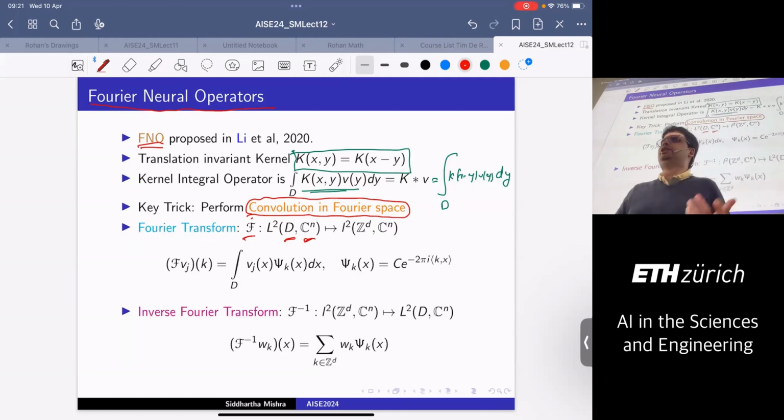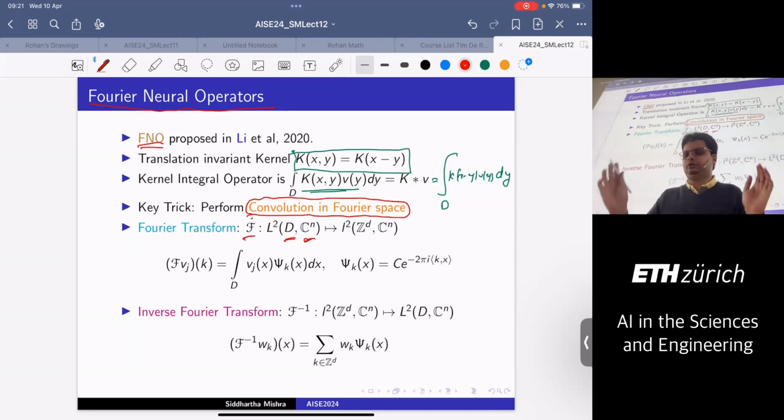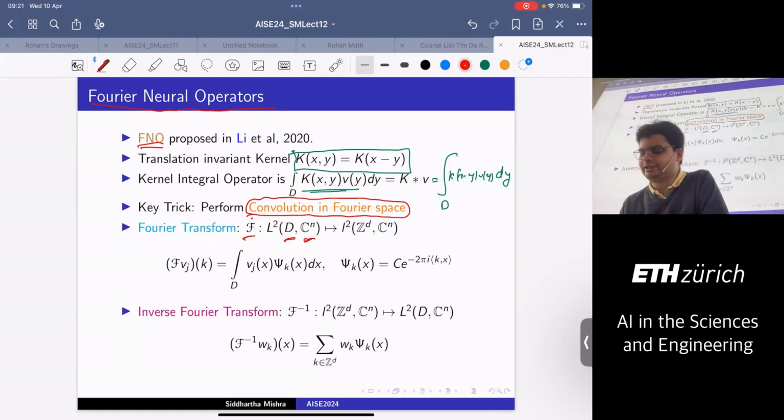Whenever you work with a Fourier transform, one typically works with complex valued functions, but they could be real valued. And the key here is that these are vector functions, because just imagine that the features of the air outside are not just the temperature, but also the pressure, wind velocity, humidity, precipitation, whatever. So these are vector functions, just to keep the generality.